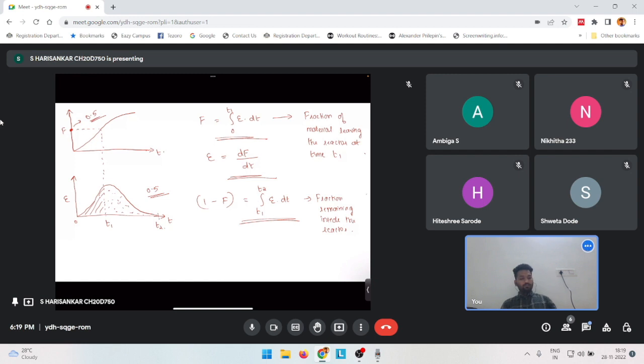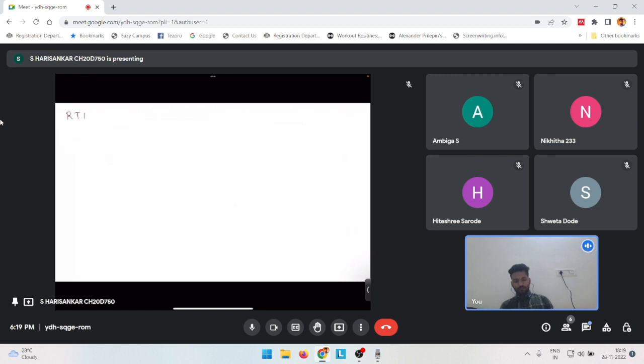So we looked at the basics of E curve and F curve. Now let's try to apply this residence time distribution to PFR and CSTR. So let's see what is the RTD in a PFR. The RTD in a PFR can be represented by a delta Dirac function.